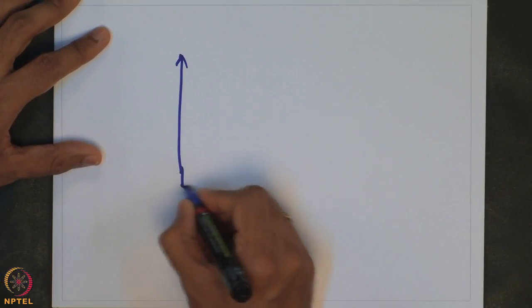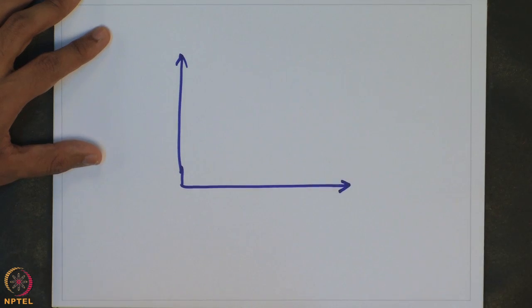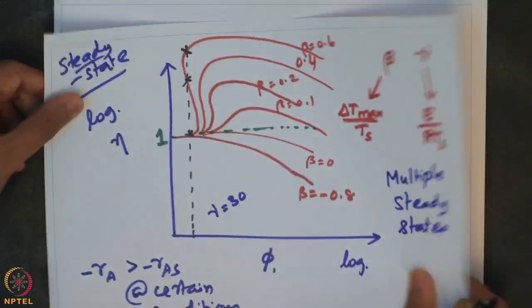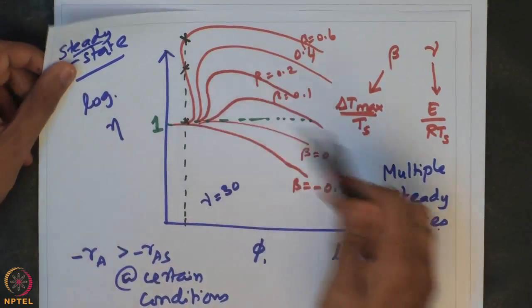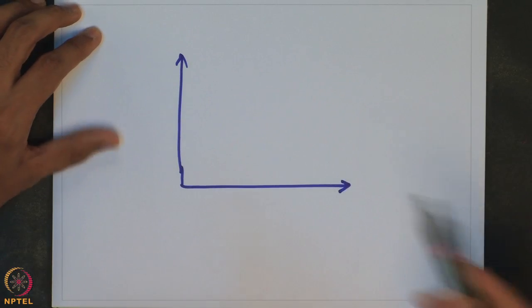So, let us zoom up a little bit and let us plot only the range. Let us zoom up this region here and let us specifically look at what is happening in this location.